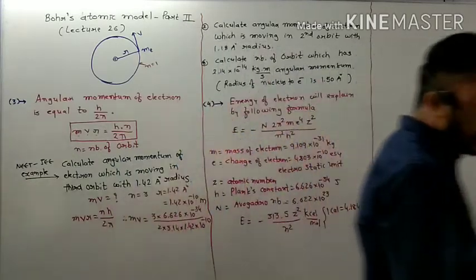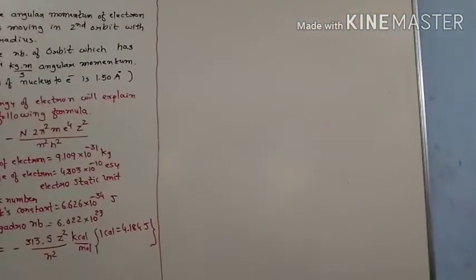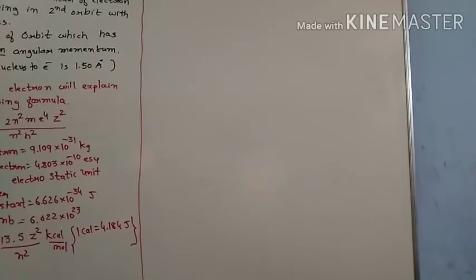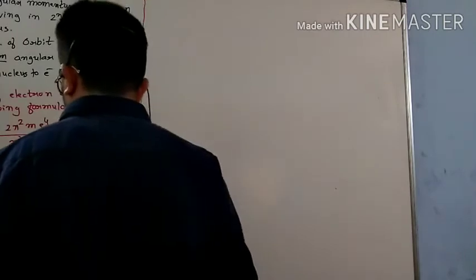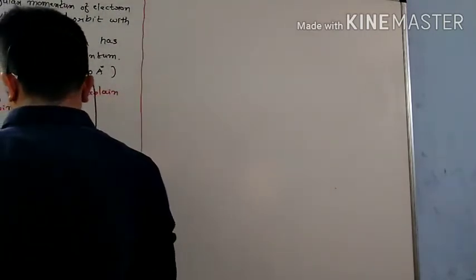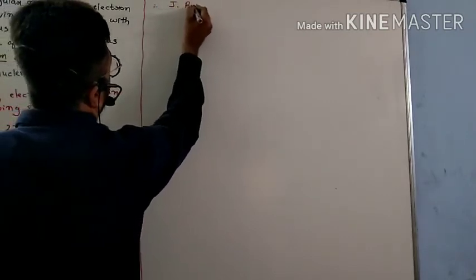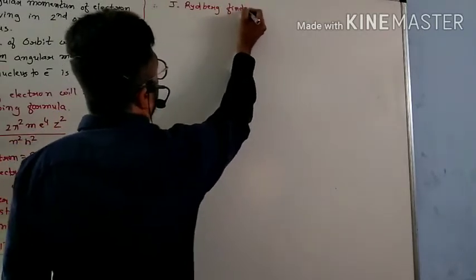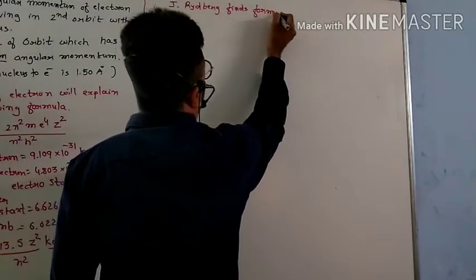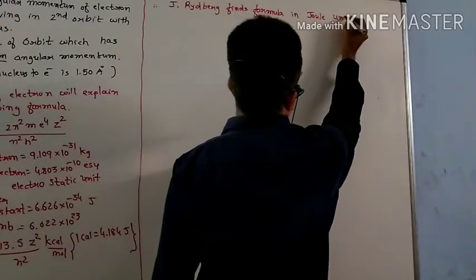Okay, now the next one, we can find the formula in joule also. So if we want to find the formula in joule, just see. The Swedish scientist J. Rydberg found the formula in joule unit.